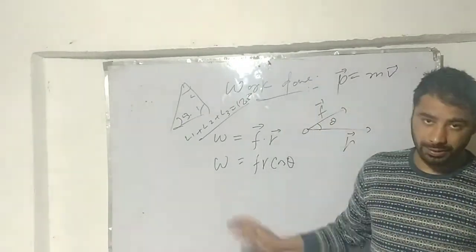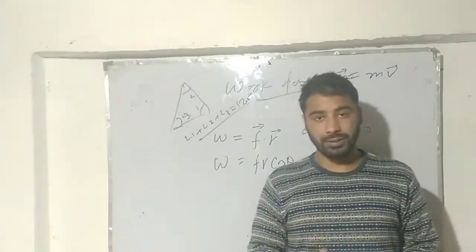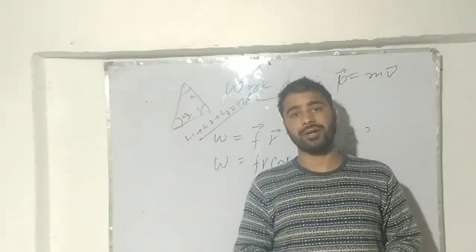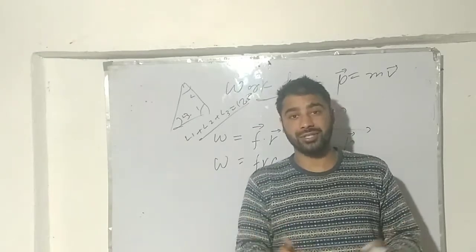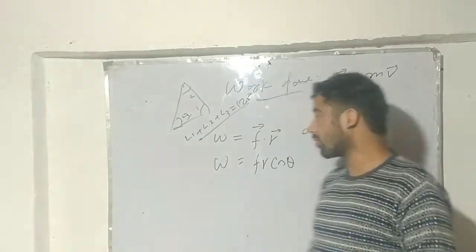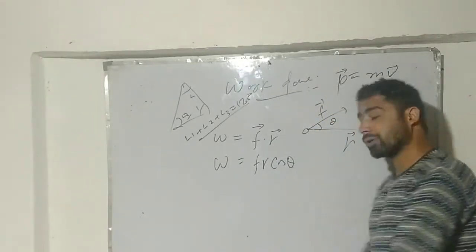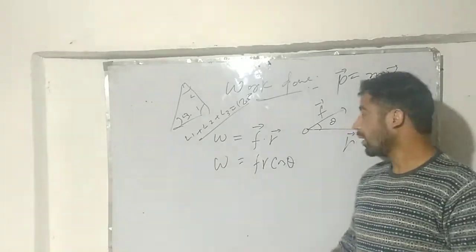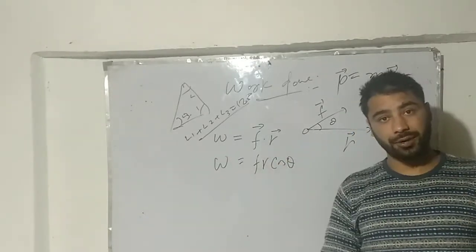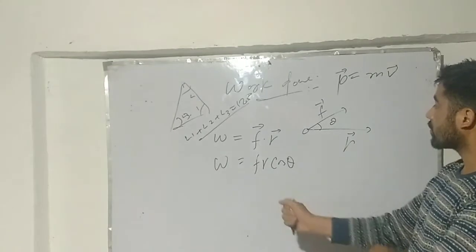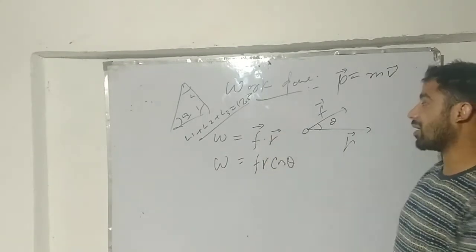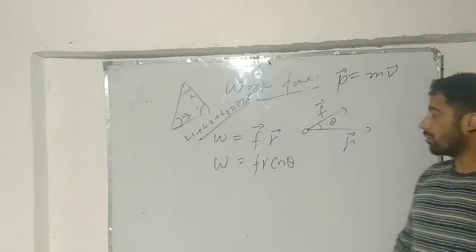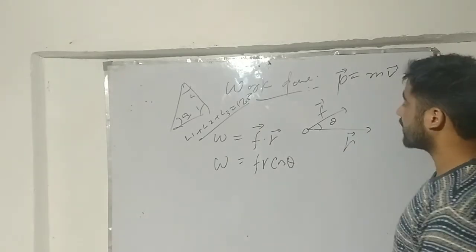It takes care of everything, in a way that we can safely say under what conditions we are going to do work and under what conditions there is zero work done. Look, this theta, as I told you before, is the angle between the particle displacement and the applied force. This is a dot product of force and displacement. So I will just focus on this right now.